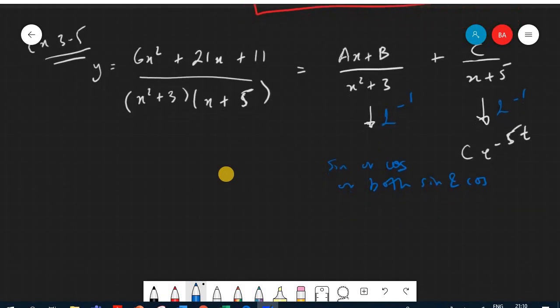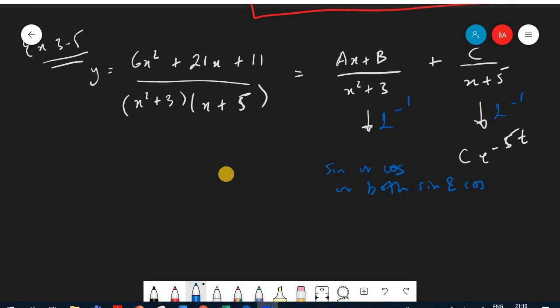And if this is just a key of what I had said, I will say it again. From the answer here, x squared plus 3 is equal to 0, which means x squared is equal to minus 3, and x is equal to the square root of minus 3, which is plus or minus square root of 3 j.